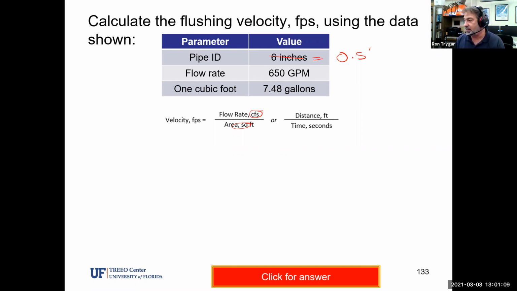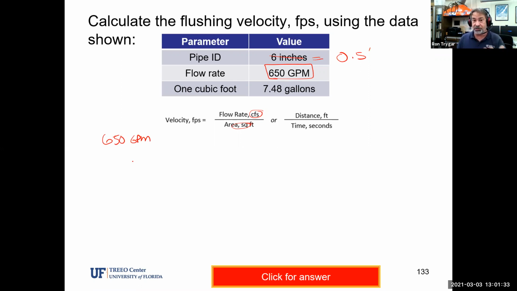My flow rate is 650 gallons per minute. The flow rate is shown as GPM, but it's not cubic feet per second. So let's go ahead and convert the gallons per minute into cubic feet per second. So 650 GPM, and remember, we're going backwards.